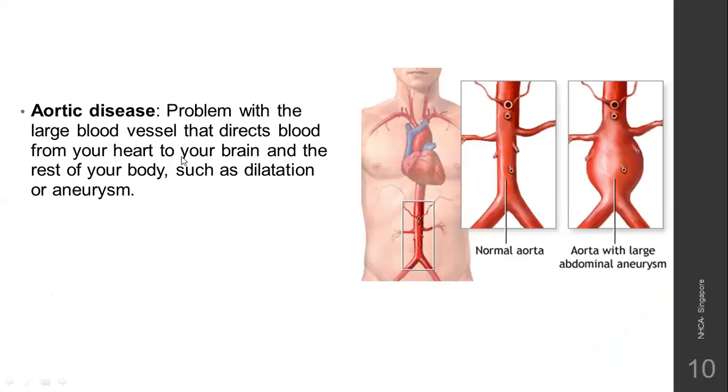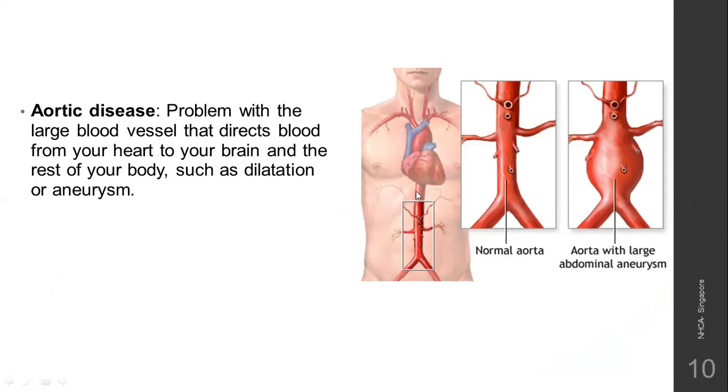Then you have aortic disease, a problem with the large blood vessels of the heart. So these are the big blood vessels. You can see they are thick, well-rounded and big, and they carry the majority of the blood supply in your body. Okay, like your aorta. The aorta has different parts: ascending aorta, descending aorta.